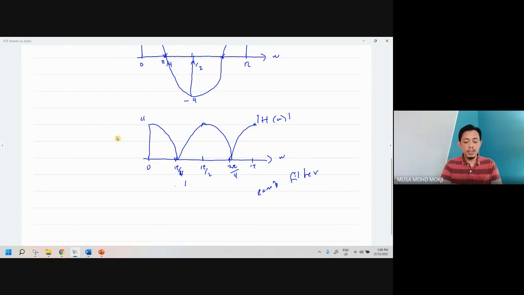If our input signal has a frequency of pi over 4, it will be totally removed, because it is multiplied by 0. Anything multiplied by 0 will be 0, so that means total removal. The same thing here: if you have a frequency of 3 pi over 4 in your input signal, after you filter with this filter, that frequency will be totally removed.